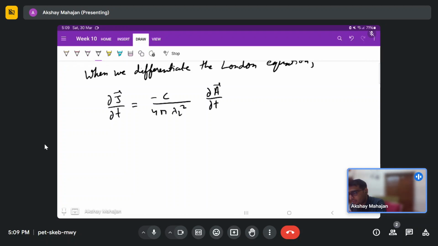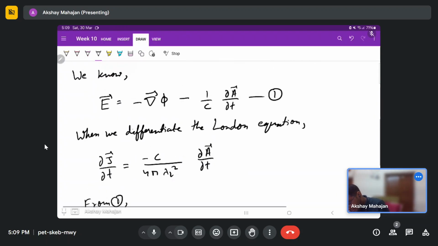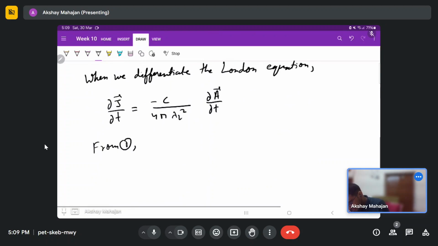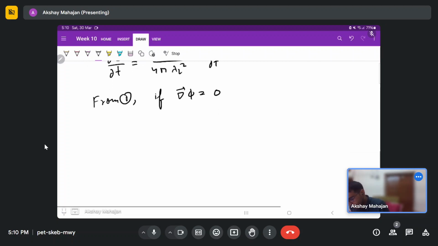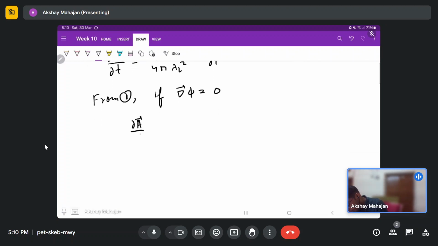Now from equation 1, which we know from simple mechanics, if we take the gradient of phi to be 0, then del A vector by del t I can write as minus c times E vector.